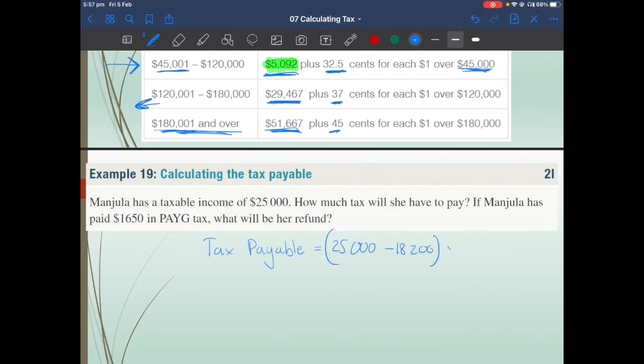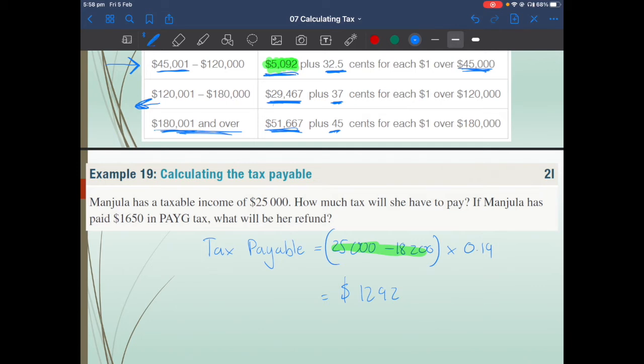And then we need to multiply that by 19 cents because for every one of these dollars that's over 18,200, she pays 19 cents. And if you stick that into your calculator, you'll see that she pays $1,292.